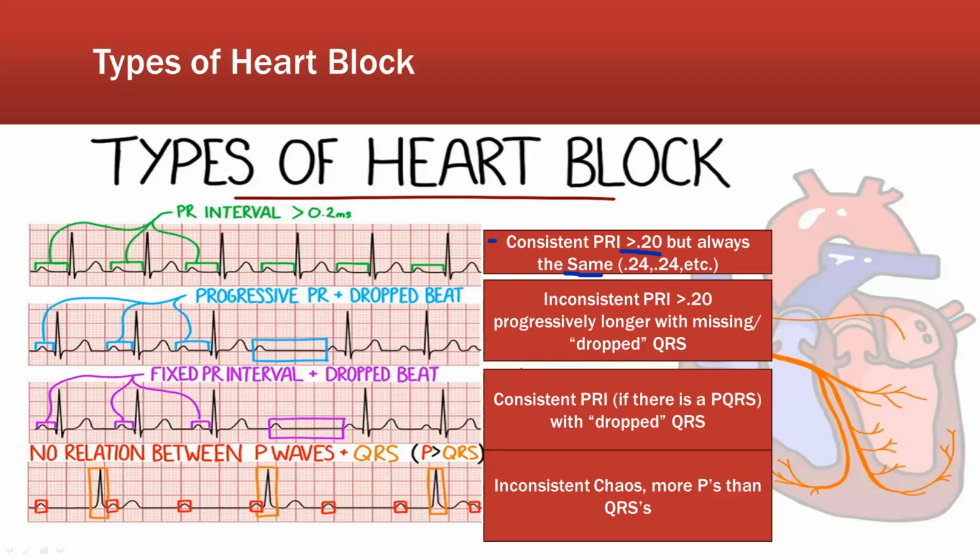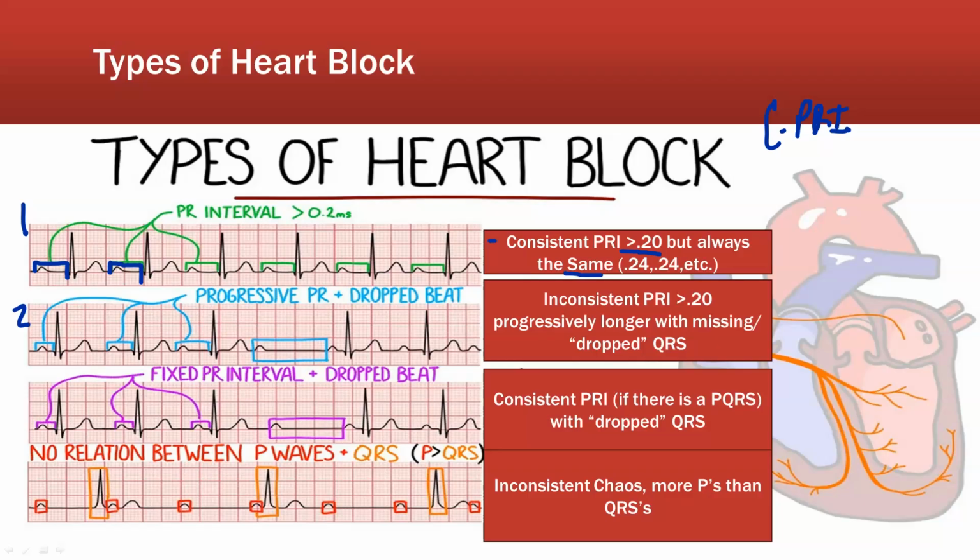But what you notice down here in the green lines is that this PRI is prolonged, but it's always the exact same distance from the QRS. So I have a consistent PRI. And that's how I remember, because we're going to go consistent, inconsistent, consistent, inconsistent. So that's a first degree.